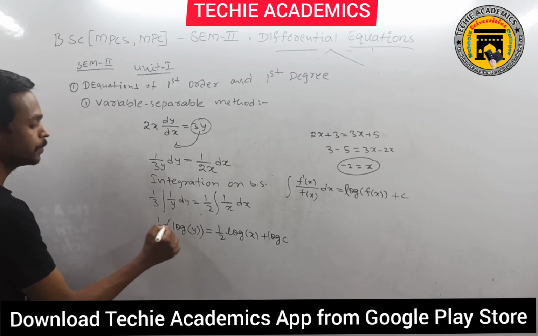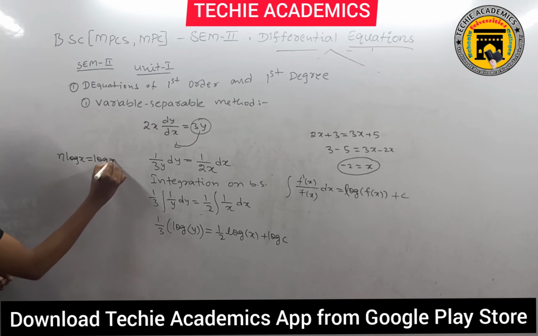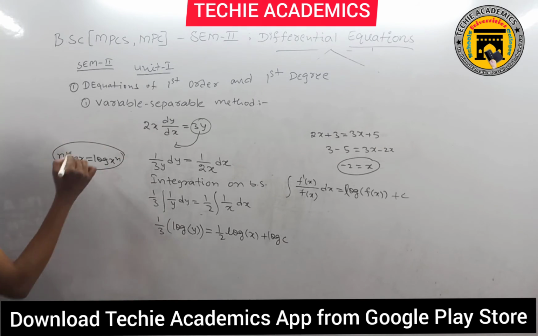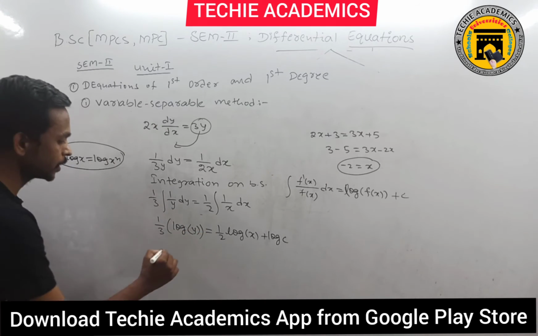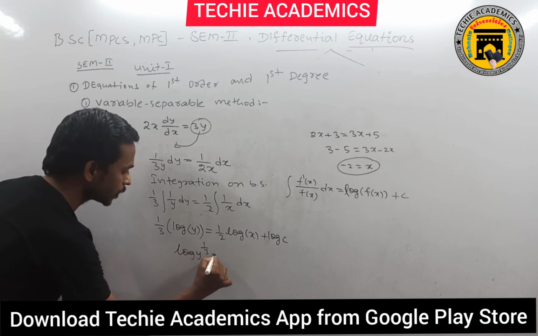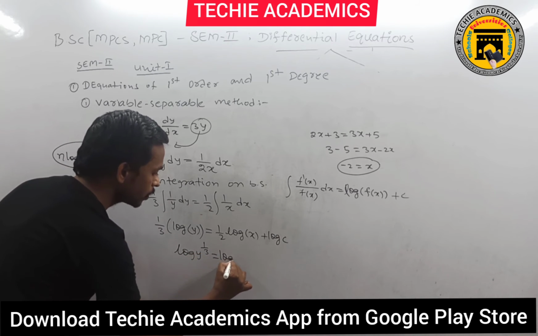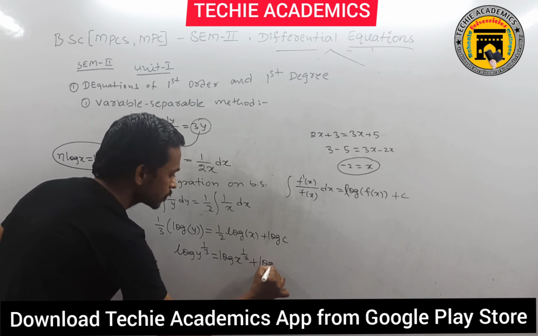So this can be written as, for example, n log x. We have a formula, n log x is equal to log x power of n. By using this we have to convert this into log y power of 1 by 3. So log y power of 1 by 3 is equal to log x power of 1 by 2 plus log c.